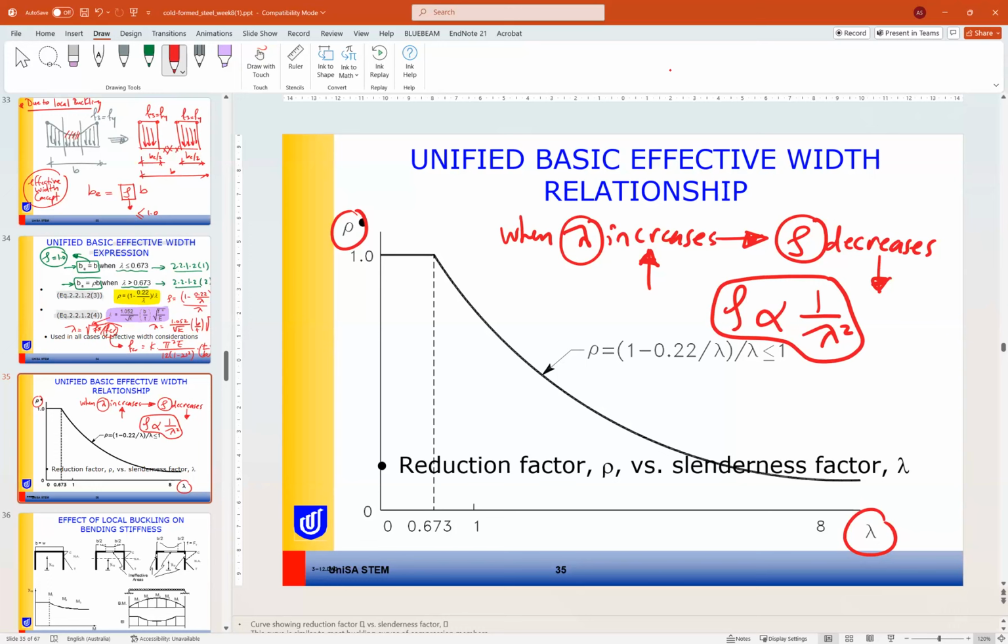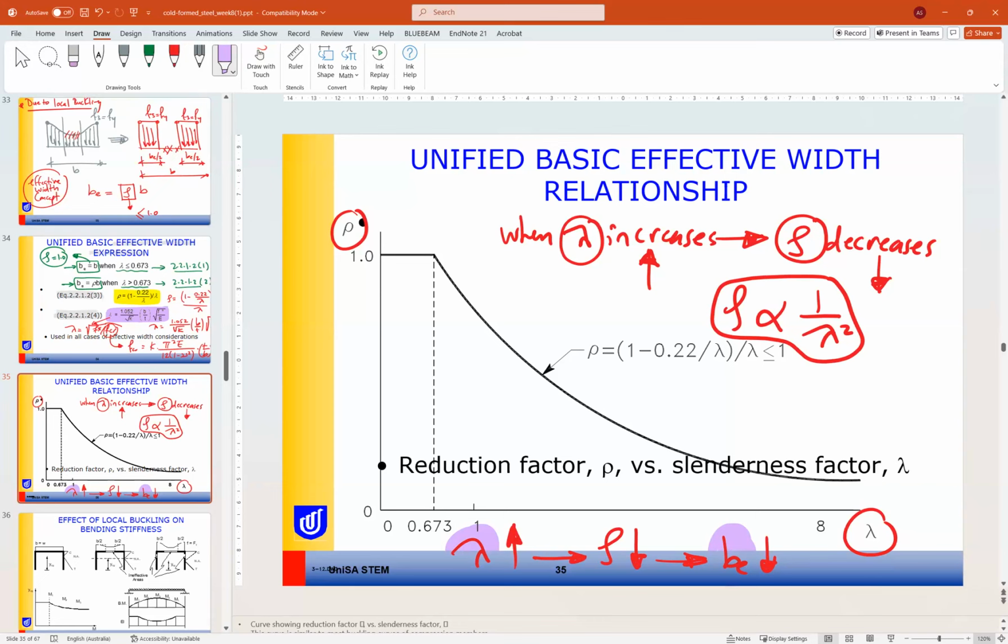This means that when lambda increases, rho decreases, and the effective width decreases. So increasing lambda will reduce our effective width, which means reducing our strength.